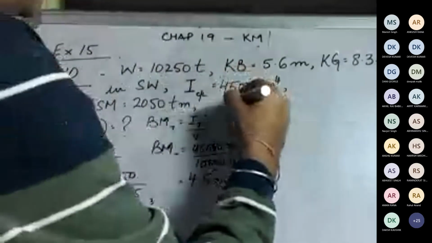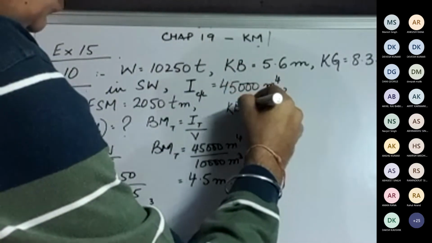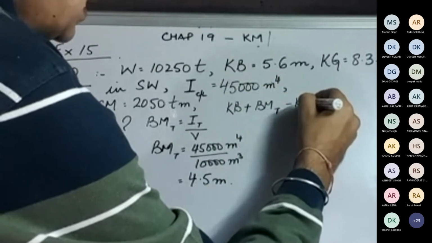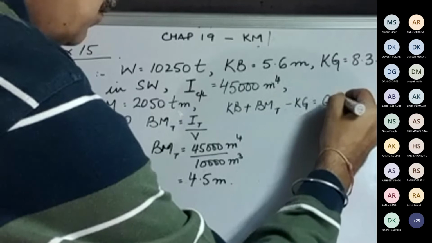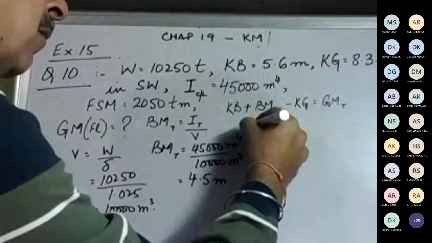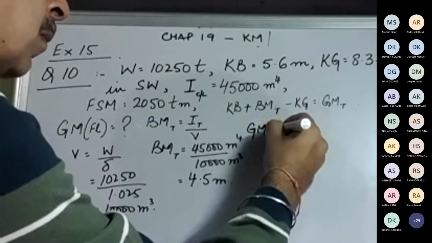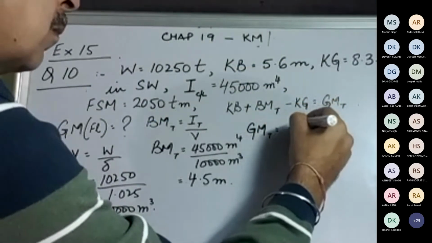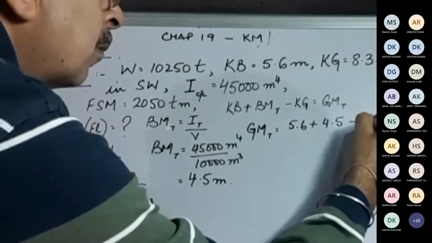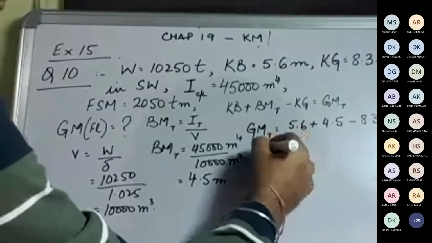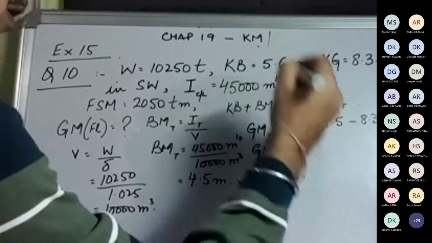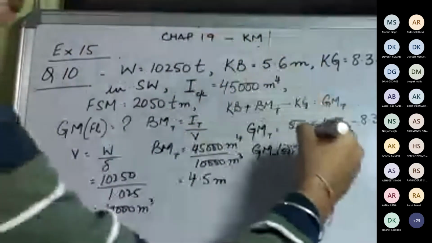All right. KB plus BMT minus KG will give me GMT. Give me the value of GMT. And this will be GMT solid. 1.8.